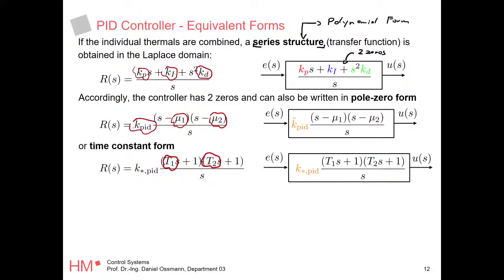So bottom line is, if you choose that form, you can choose the 3 gains. If you choose the second form, the pole zero form, you can choose 2 zeros and a gain. And if you choose the time constant form, you're basically free to choose the 2 time constants and this gain. Obviously, there is always a connection.